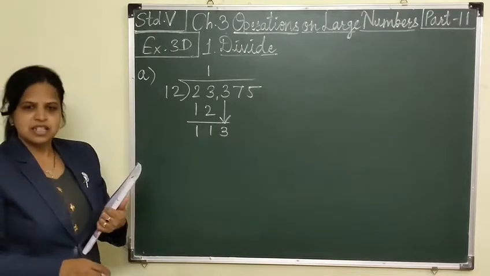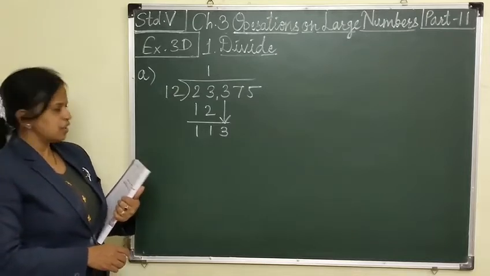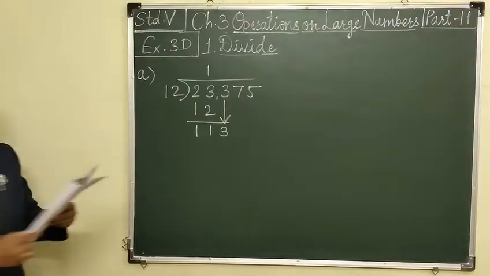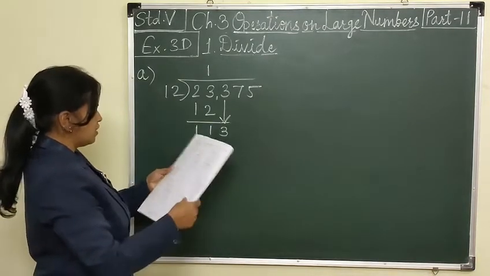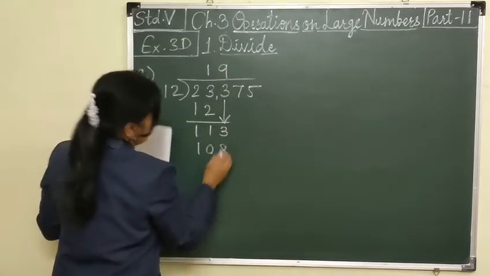12 5s are 60. 12 6s are 72. 12 7s are 84. Then 12 8s are... All of you check here. Divide by 12. 12 9s are 108.